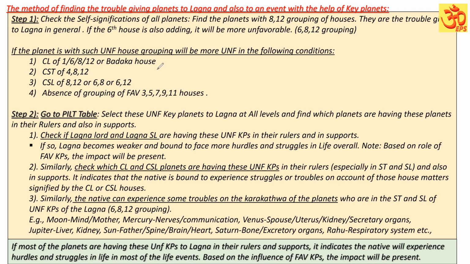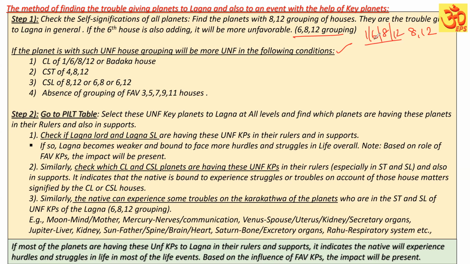If the planet has such an unfavorable house grouping, it will be more unfavorable in the following conditions. First, the Kaspal Lord of Lagna, or 6, 8, 12 or Badaga house. Suppose a planet has a 6, 8, 12 grouping or an 8 and 12 grouping, and that planet is the Lagna Lord, or 6th Lord, or 8th Lord, or 12th Lord.